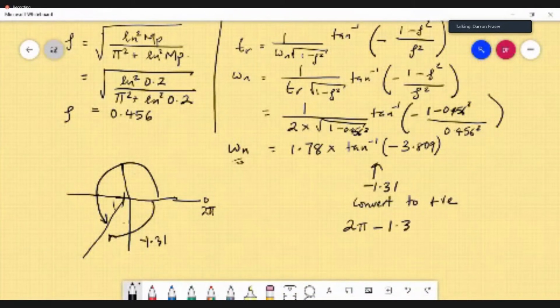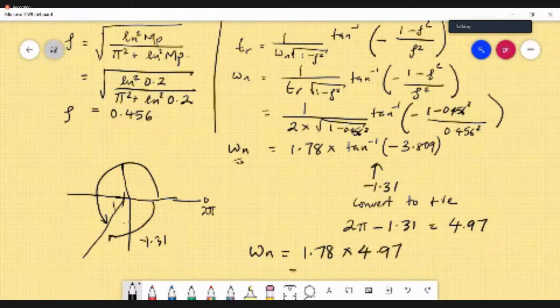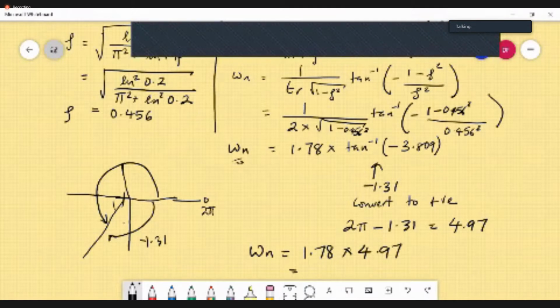How much do you get? Sir, I got 4.97. So omega n is going to be equal to 1.78 multiplied by 4.97. For that, I got 8.85.